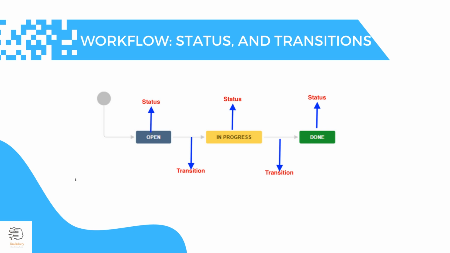So the general workflow consists of statuses and transitions. In the workflow, we have the to-do status, the work-in status, and the end or terminal status. An issue in the to-do state is one that has not yet been started. An issue in the in-progress state is one that is currently being worked on, and if it is in the green state, it has been completed.